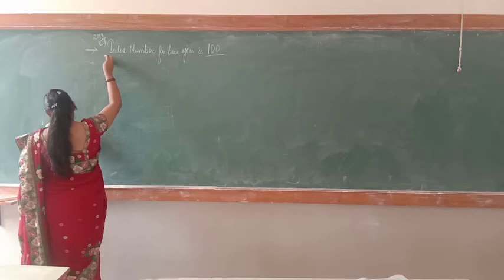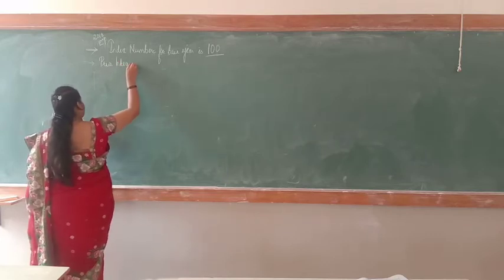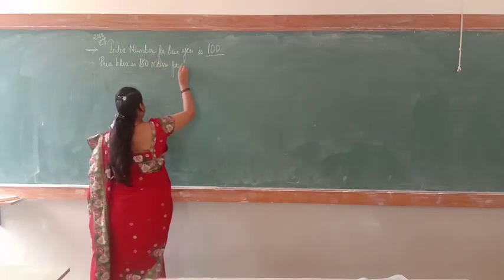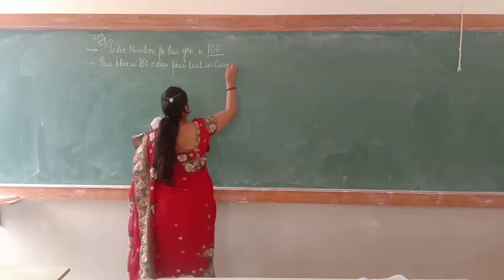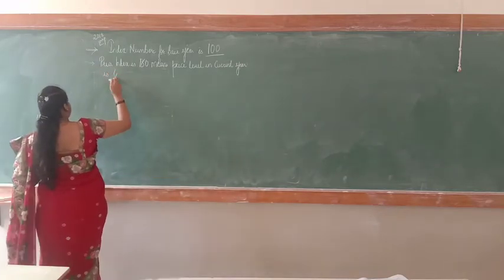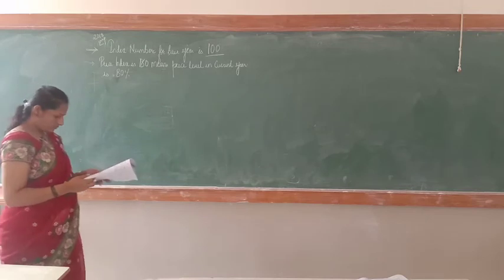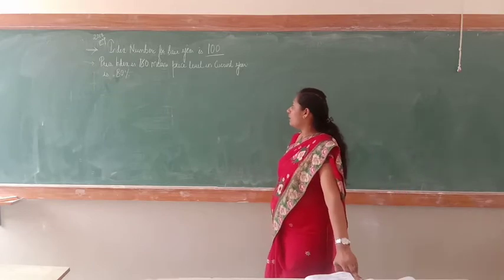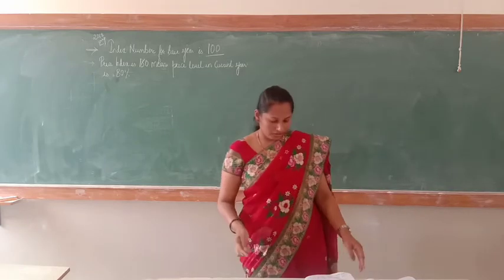Second note: if the price index is 180, it means the price level in the current year is 80 more, the base year being 100, and the current year 180. Now the third point.